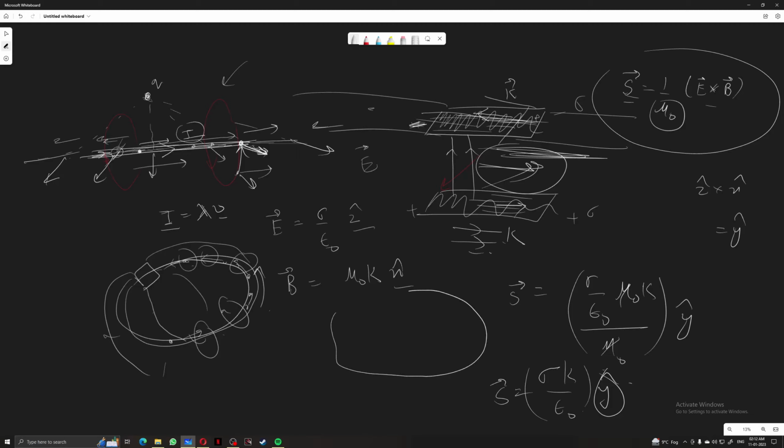Again, I want to emphasize that you want to think about this theorem in terms of the energy gained by charges, the potential energy or the kinetic energy gained by charges, and that comes at a cost of a decrease in the electromagnetic energy, which is given by epsilon naught E squared plus 1 over mu naught B squared. And if some energy is flowing outside the system, you have to decrease by that amount as well, and you can calculate that amount by the surface integral of S dot dA over this surface.